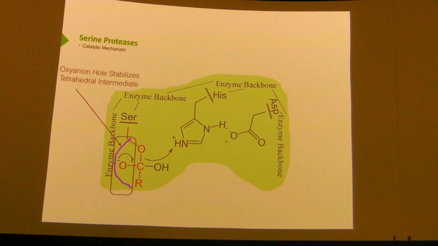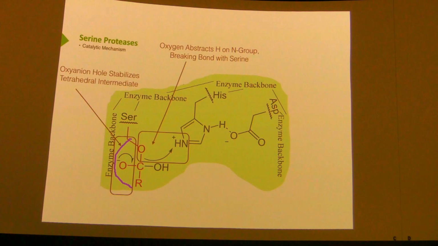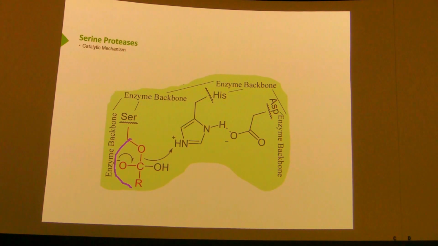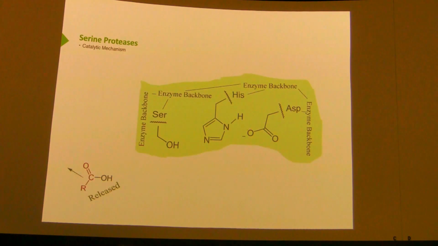Okay? So we're stabilizing the intermediate. Oxygen is attracted to the proton that's on the histidine. Notice that's a positively charged proton there. The slow phase is complete at this point, and the second polypeptide is released.